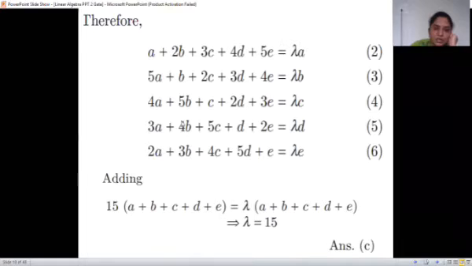Same thing here. All the terms are the same, just changing by position. So there is 15b, 15c, 15d and 15e, equal to lambda times a plus b plus c plus d plus e. After taking 15 common, this is also the same term. So on both sides this term will get cancelled and your lambda will be 15. So the correct answer is option C. Lambda is 15. Any doubt?